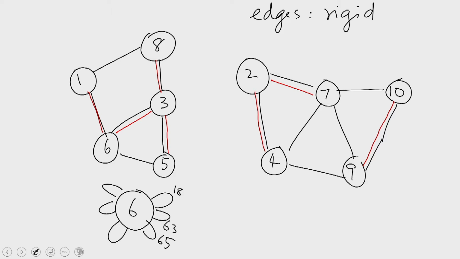Now, let us see what happens to this other graph. Here also we have red edges collapsing. So, vertex 2 combines with vertex 7 and vertex 4, that is because the edges 2 to 4 and 2 to 7 collapse. So, we have one single composite vertex that represents 2, 7 and 4, let me denote it by 4. Then there are 3 edges between them, 2 to 7, 7 to 4 and 2 to 4.